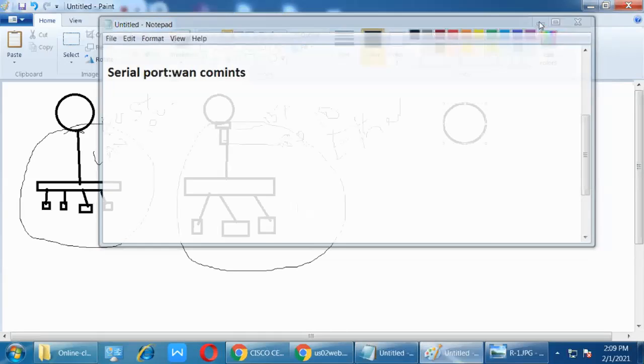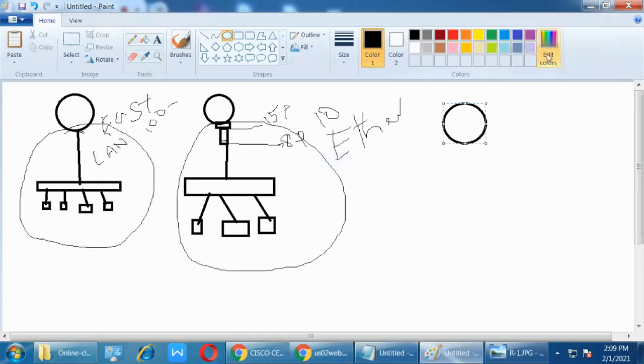Wide area network. So what is a wide area network? Long distance communication. How can we make a long distance communication?